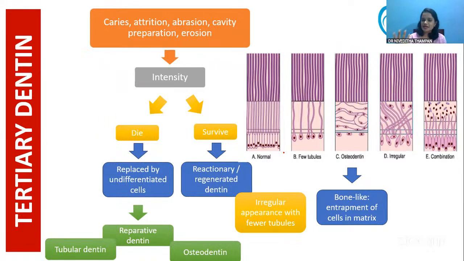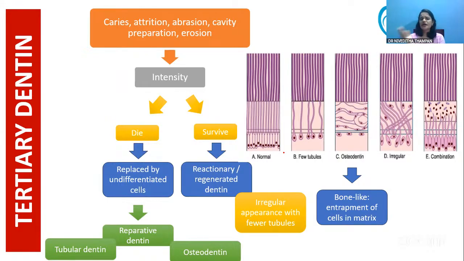When they survive, they are still damaged. So the dentine that they form is irregular. The newer dentine formed as this reactionary or regenerated dentine will have an irregular appearance, and it will also have very few dentinal tubules.